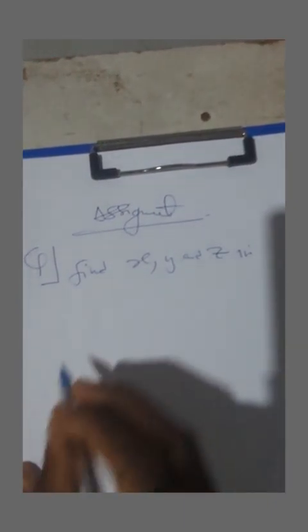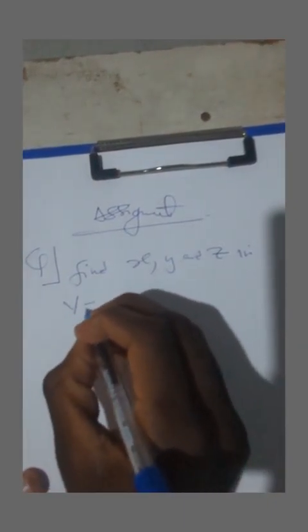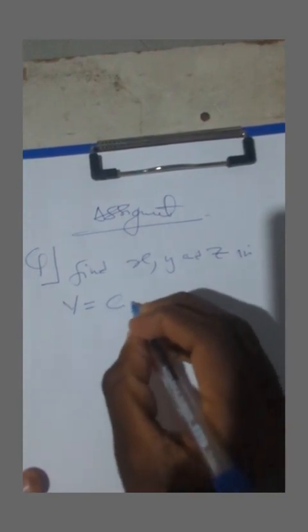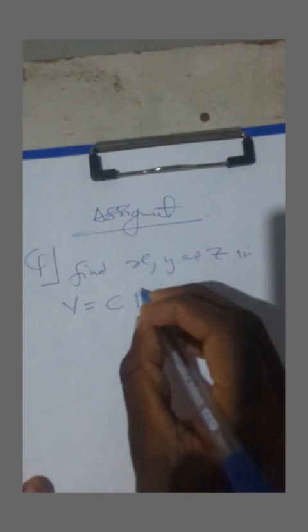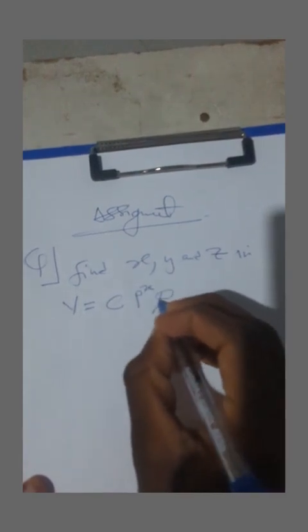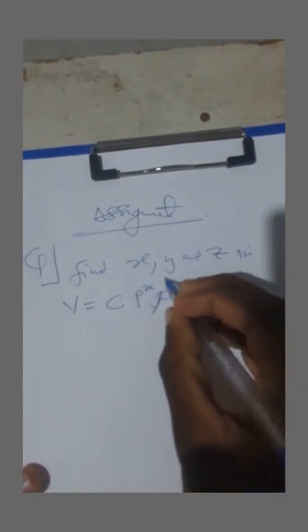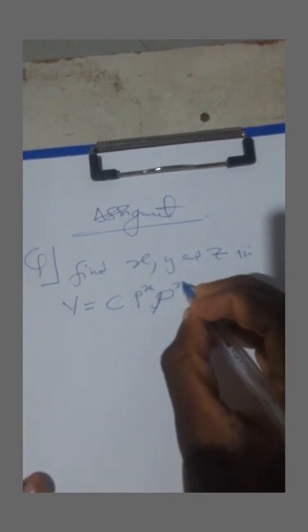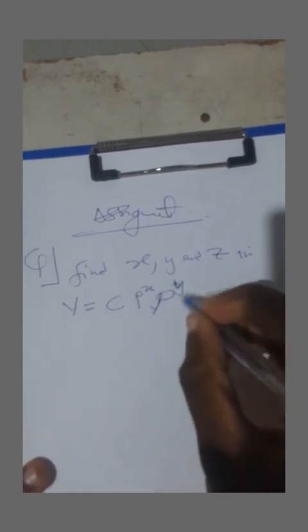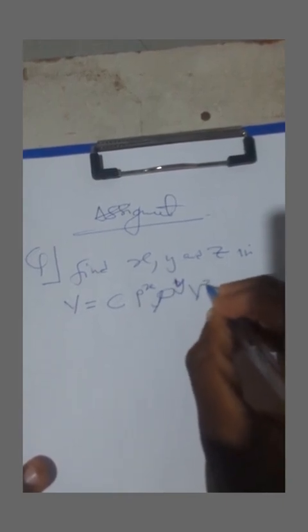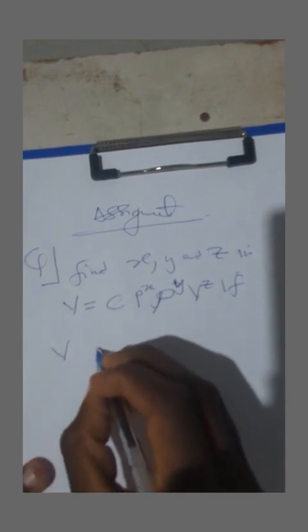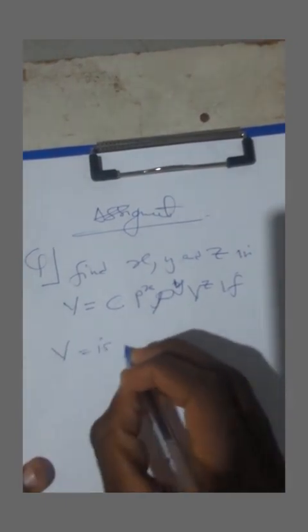In this expression, I'll give you the expression, you don't need to derive it. We have v equal to C, then p to the power x, then rho, which is density, to the power y, then V to the power z.